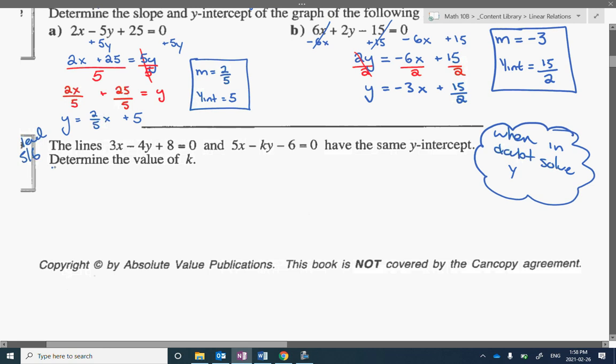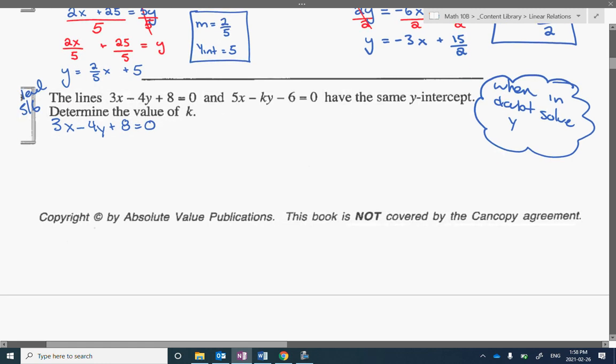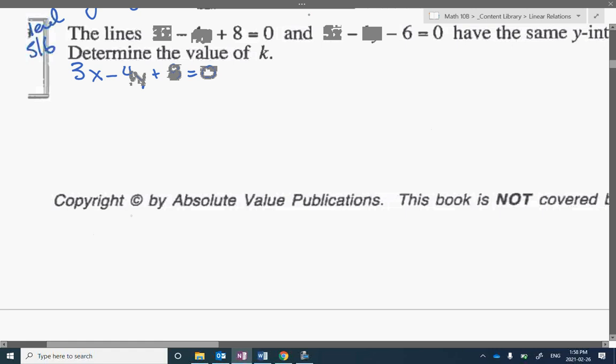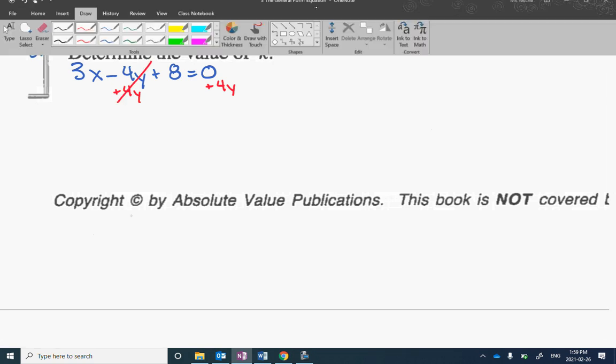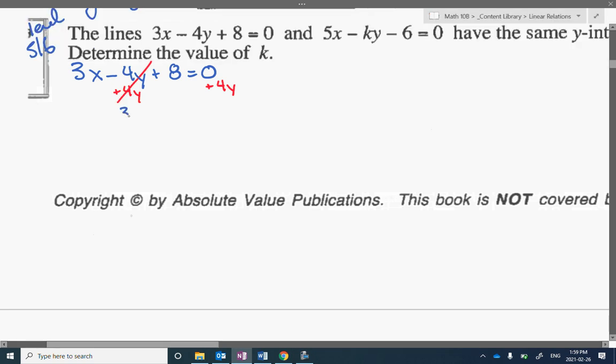So in the first one, we have 3x minus 4y plus 8 equals 0. So I'm going to, in this case, add 4 y's to both sides because I think that's the easier approach. So my left side is 3x plus 8 equals 4y.